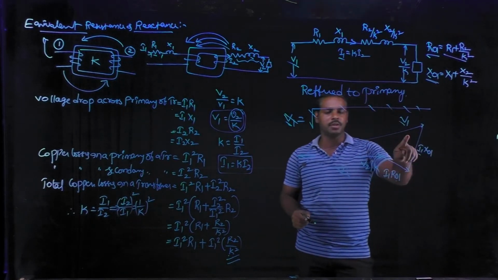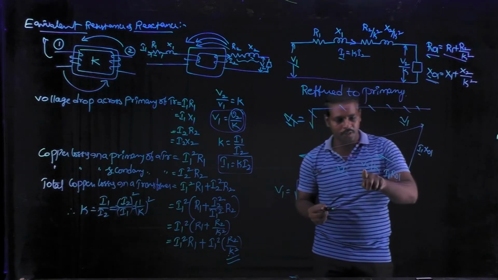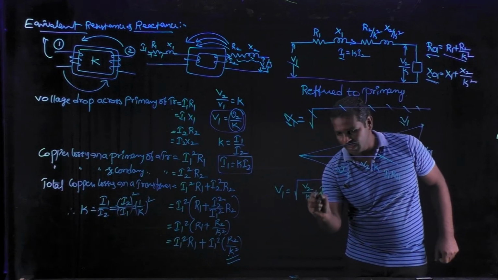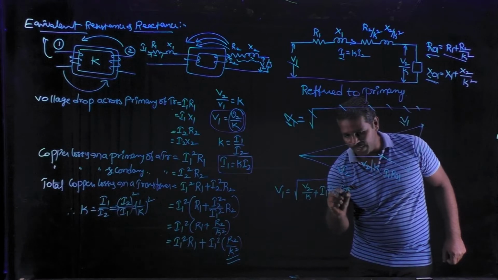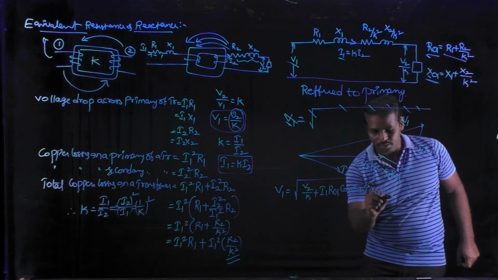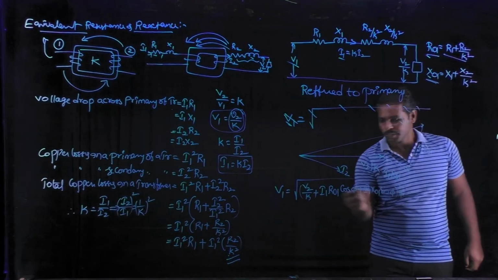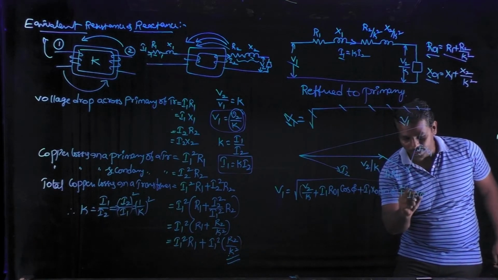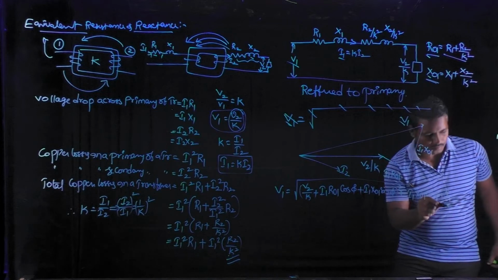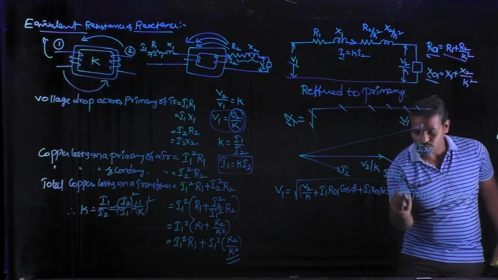So based on this circuit, we can find V1 is equal to the square root of (V2 divided by K plus I1 R01 cos phi plus I1 X01 sin phi) whole square plus (I1 X01 cos phi plus I1 R01 sin phi) whole square.